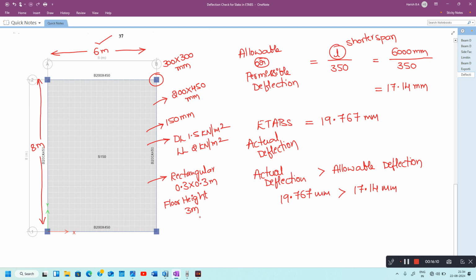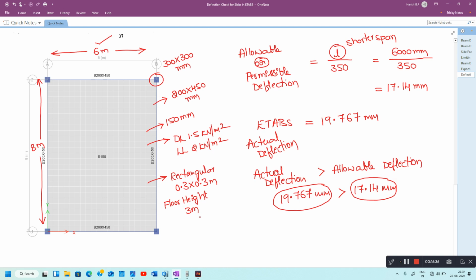The code permits 17.14 mm to deflect, but the actual structure is deflecting by 19.767 millimeter. So it is more than the allowable deflection.